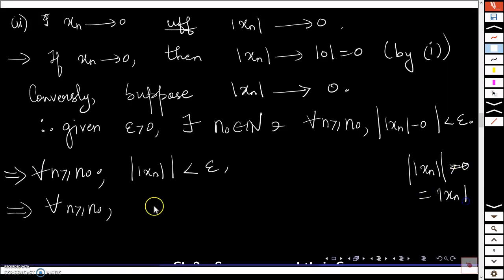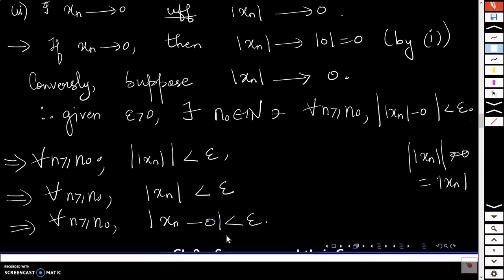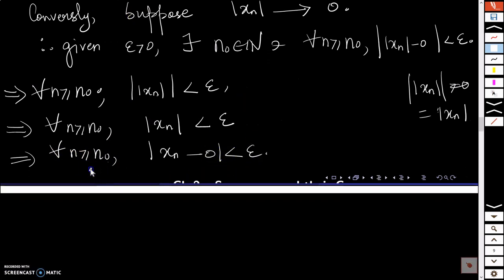So I can write this as mod xn is less than epsilon, and then I can just insert the point 0 there, and I am done. So what did we do? Given epsilon positive, we found a natural number n naught such that for all n bigger than or equal to n naught, modulus of xn minus 0 is less than epsilon, and that shows that the sequence xn converges to the point 0.